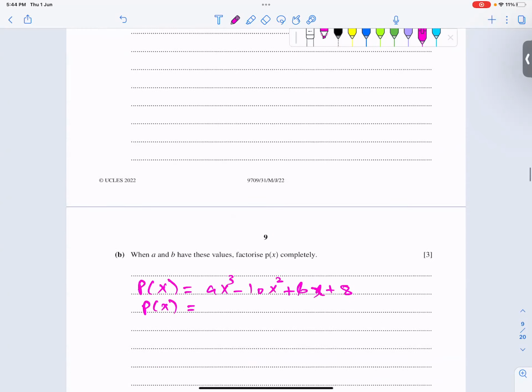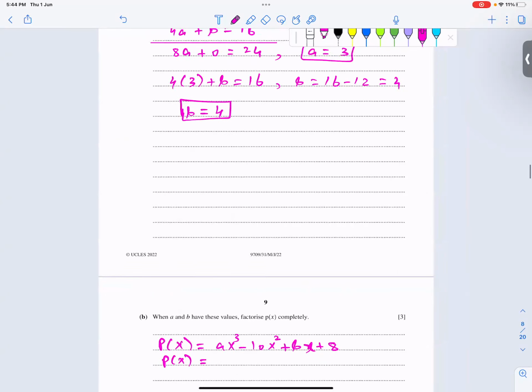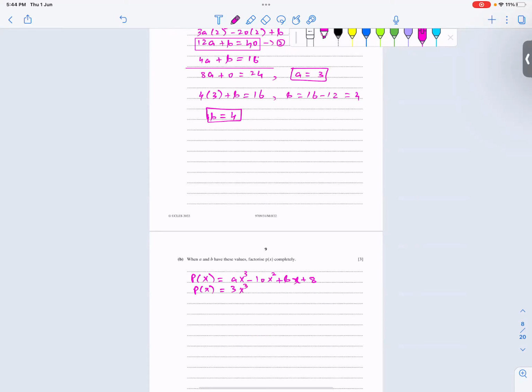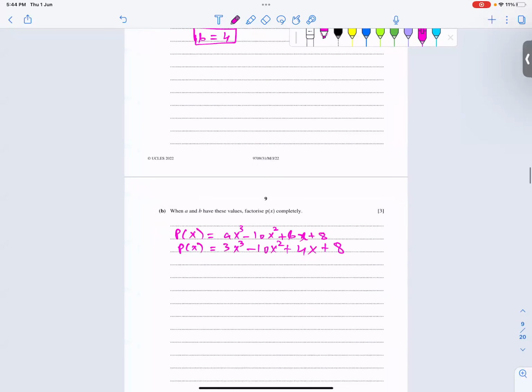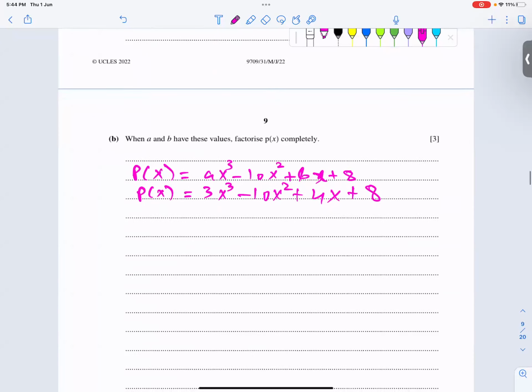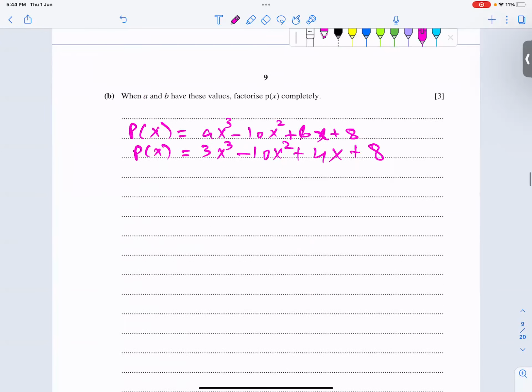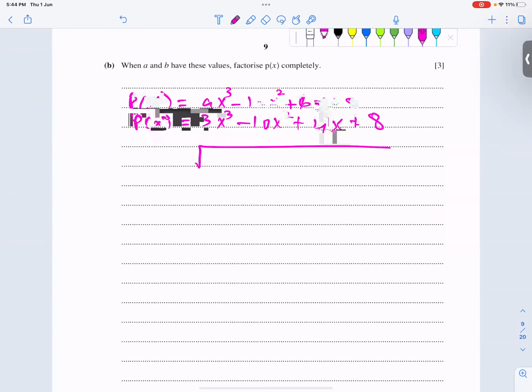The a was 3, minus 10x square, and b was 4, so 4x plus 8. Okay. Now he's saying that factorize this polynomial completely. To make all the factors of this polynomial, we will take the help of long division. For long division, you always need at least one divisor or one factor, and that is given. The factor was x minus 2.